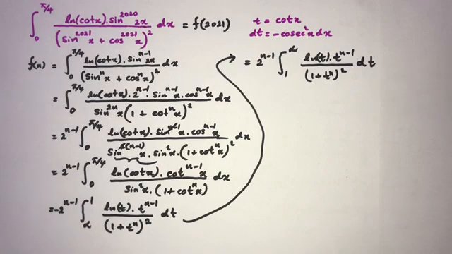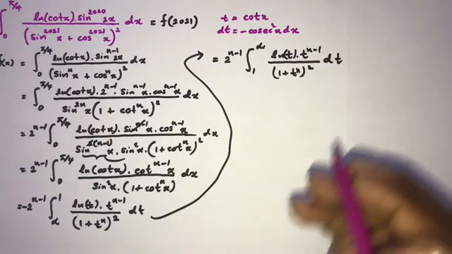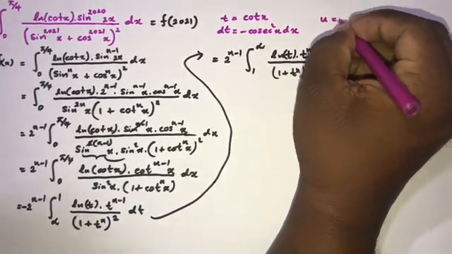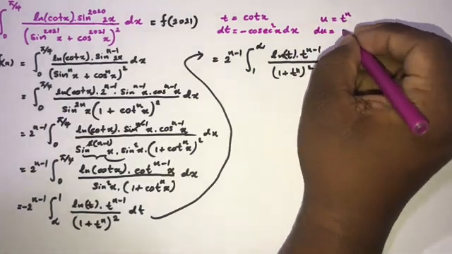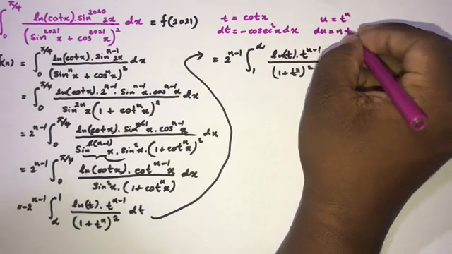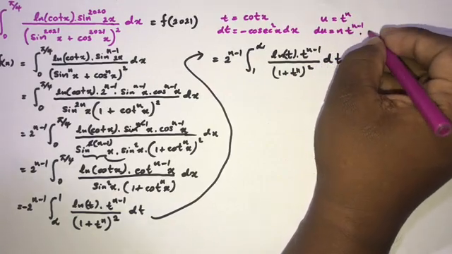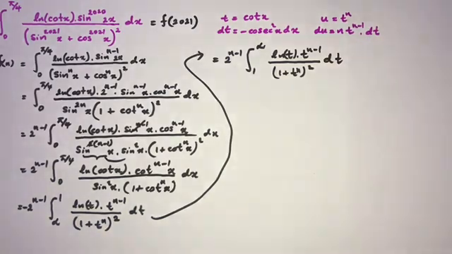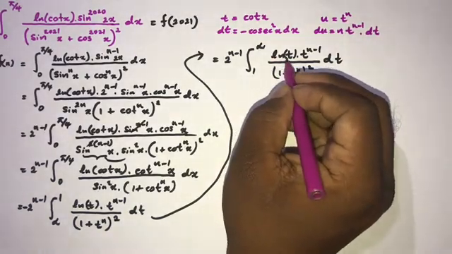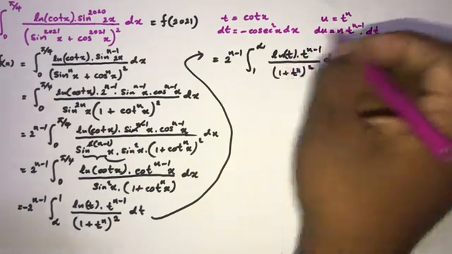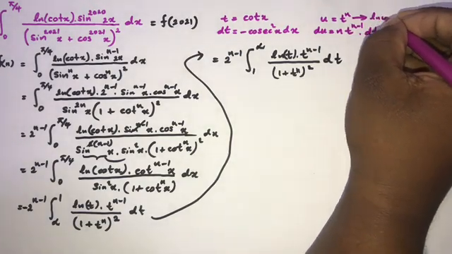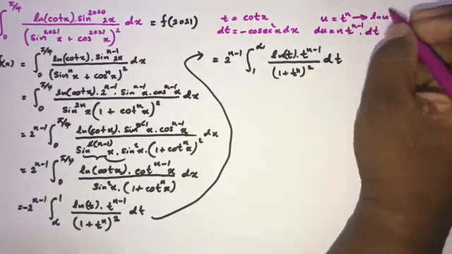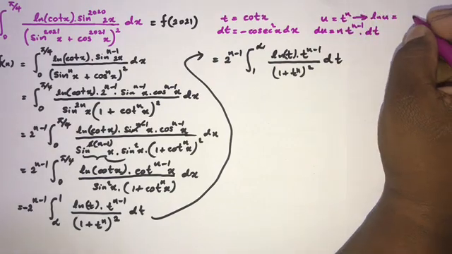Okay, then again we can take a substitution. We can take u is equal to t to the n. Now differentiate, so du is equal to n times t to the n minus 1 times dt. Also, here we have natural log of t, so if we take natural log both sides, we can write natural log of u is equal to n times natural log of t.